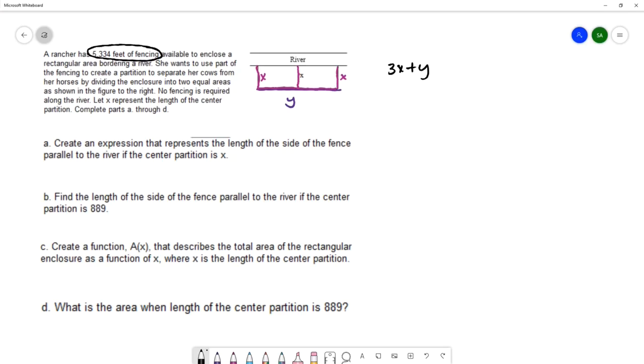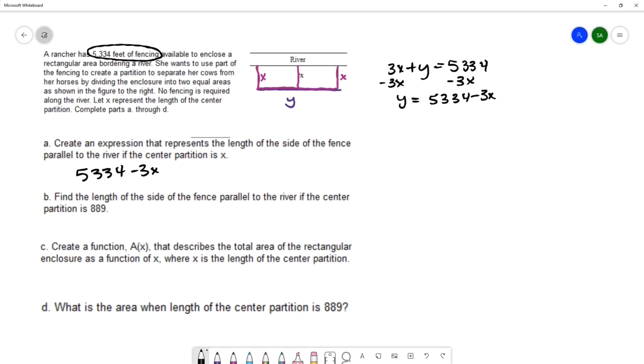So I know that the sum of those will equal 5,334. I can solve for Y in terms of X by subtracting 3X on both sides. I have Y equals 5,334 minus 3X. And this is the expression that represents the side that's parallel to the river.